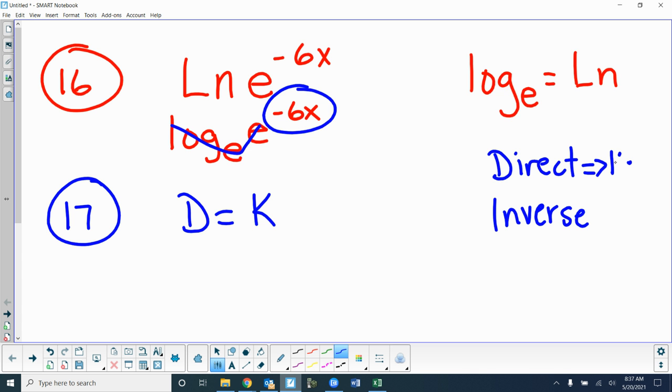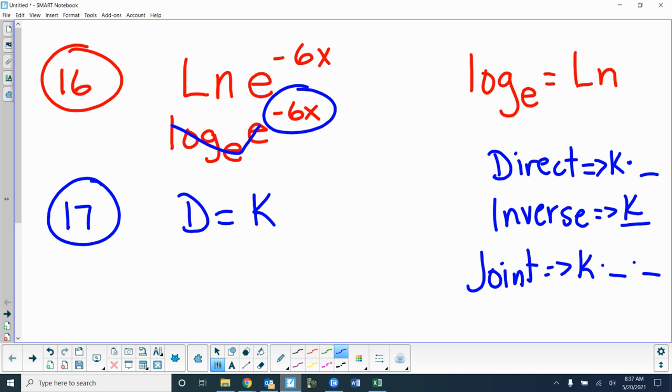Division. Oh, K times, remember? K divided by, and then joint was K times two things. Okay? And I think we have a joint variation for number 18.